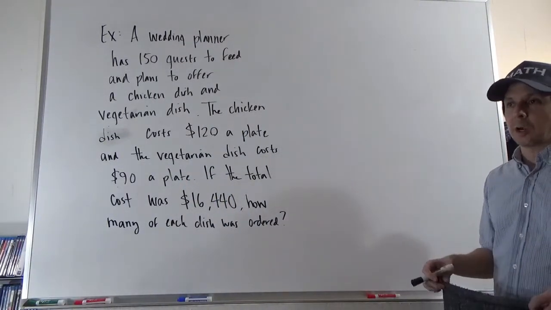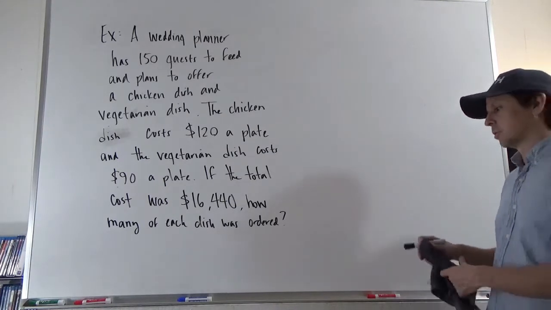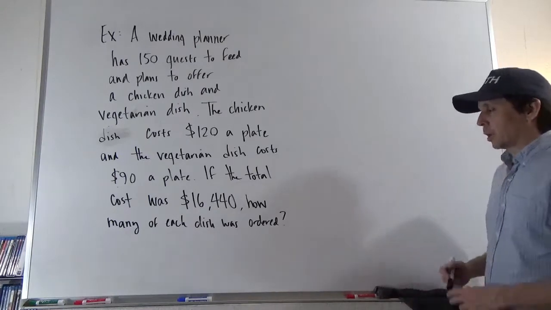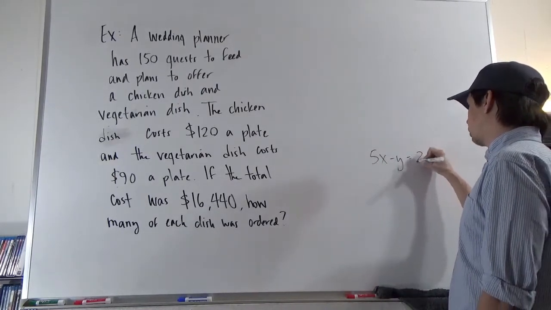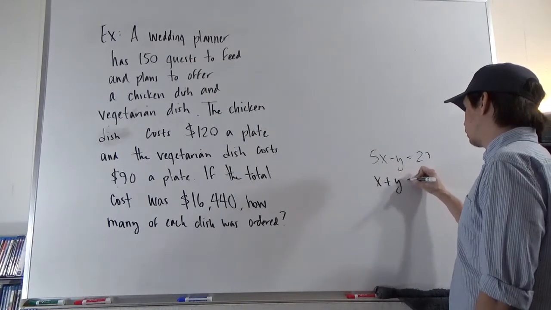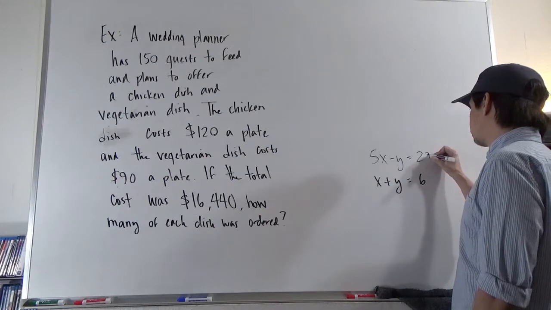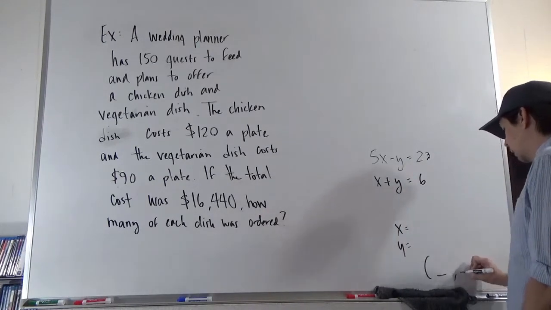This one will be linear equations, so it's what we did in homework 25. Where I gave you, don't write this down, 5x minus y is equal to 23 and x plus y is equal to 6. And then you solved it for x and y. You actually made it into an ordered pair.